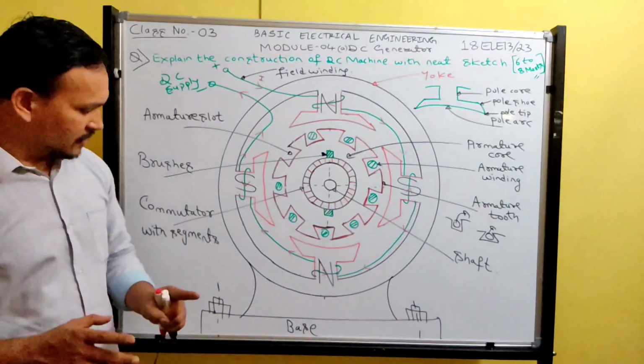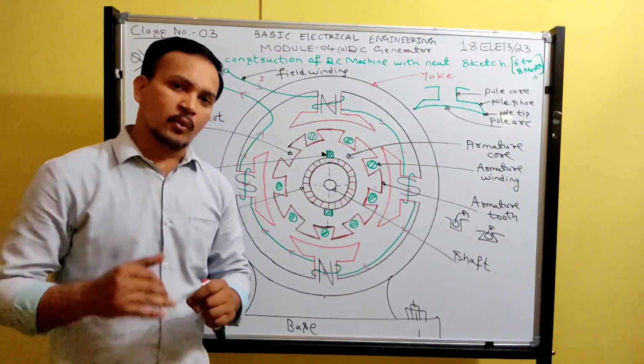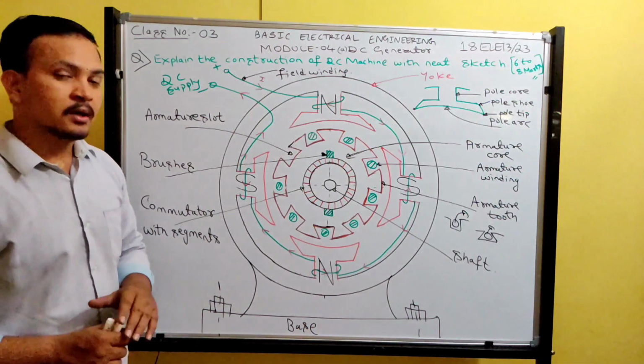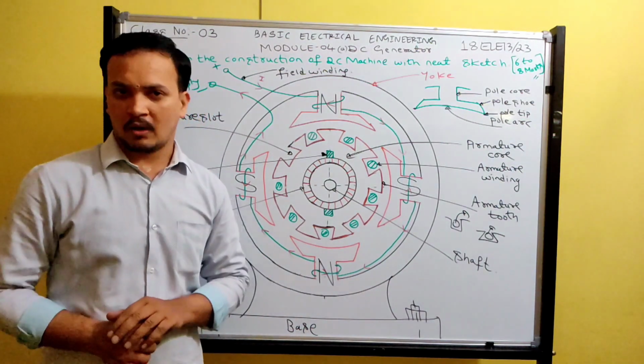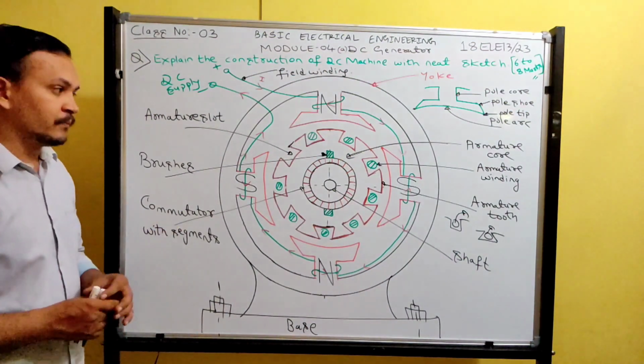In the case of a motor, the function of the commutator is to convert pulsating torque into unidirectional torque. So these are the major functions of the commutator.